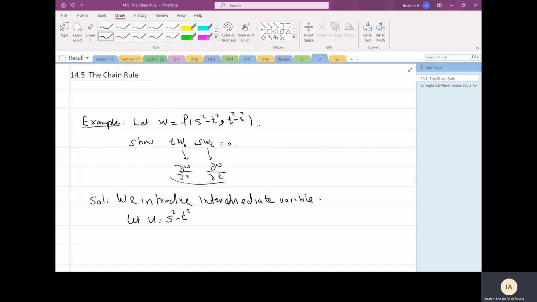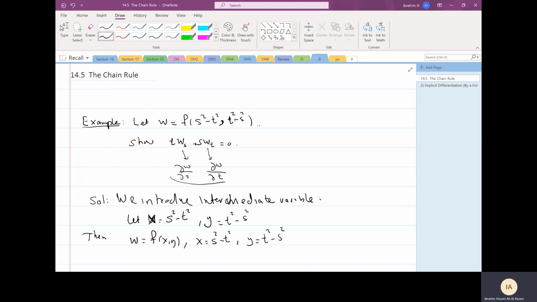and let Y equal T squared minus S squared. Then I have W equals f of (X, Y), with X equals S squared minus T squared, and Y equals T squared minus S squared.